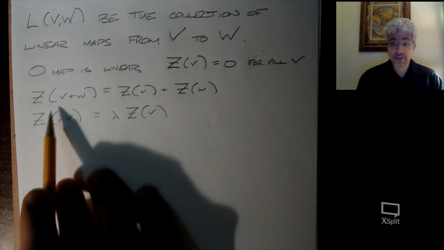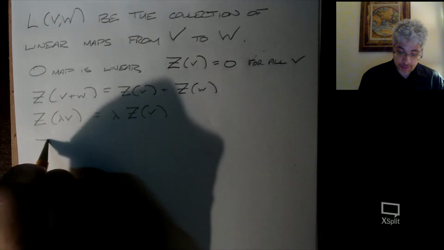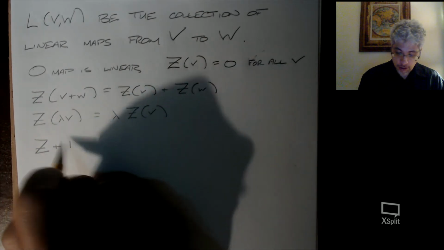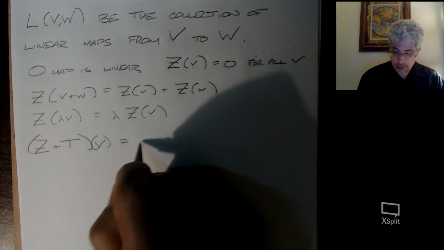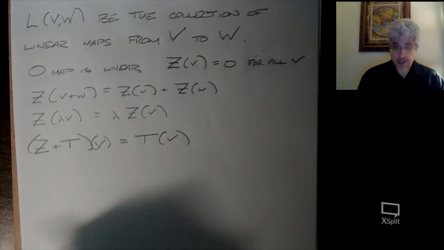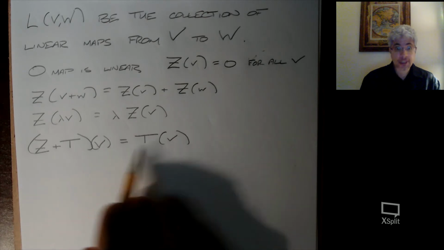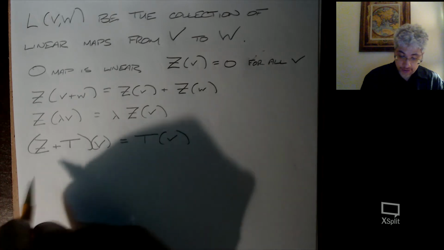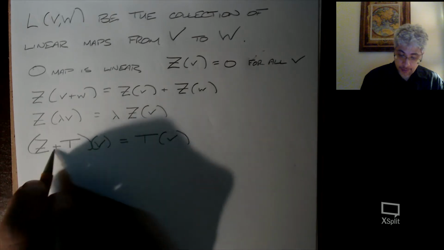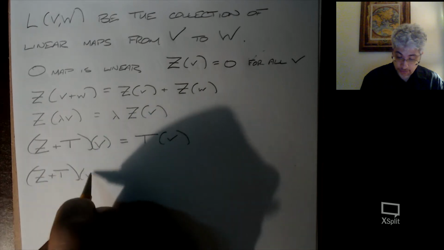Okay? So we have a zero transformation. But if I take the zero transformation and I add it to any transformation, what do I get? I'm going to get that transformation back. Why is that? Well, Z plus T of V is a short proof of that fact.